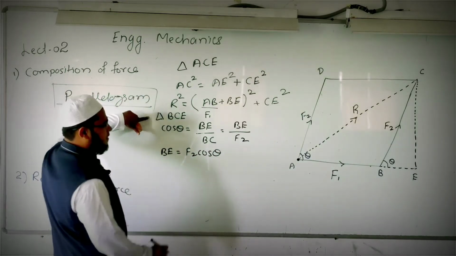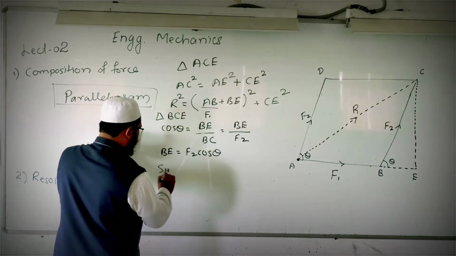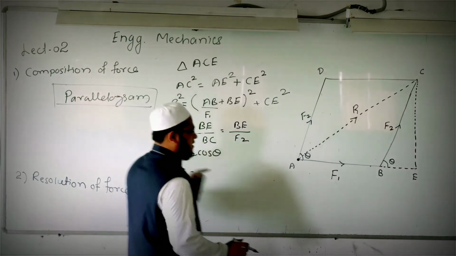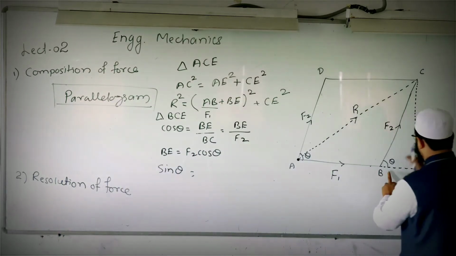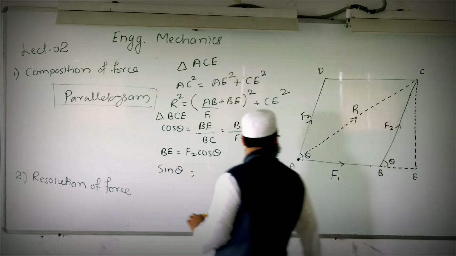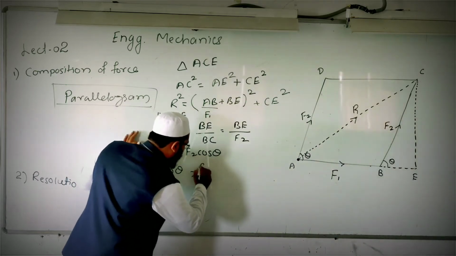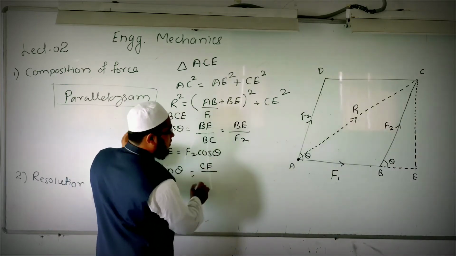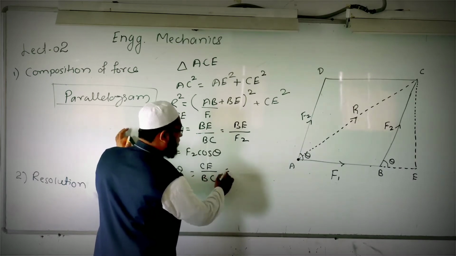Similarly, in the same triangle BCE, sin theta is opposite upon hypotenuse, that is CE upon BC.